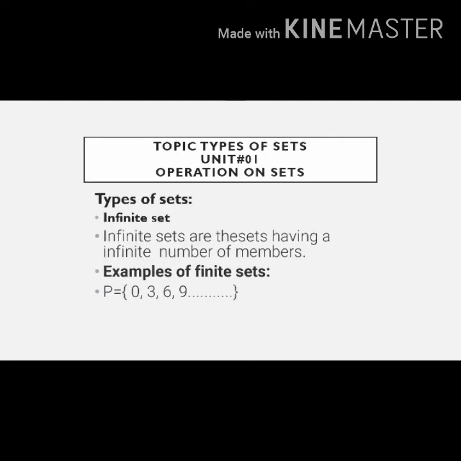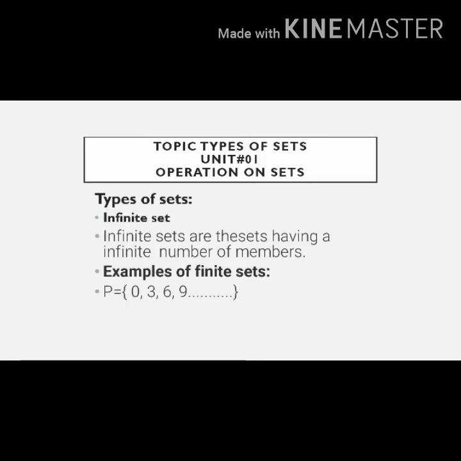The second type of set is the infinite set. It is totally opposite to the finite set. That means infinite sets are sets having an infinite number of members. That means a set that has an uncountable number of elements that cannot be counted.